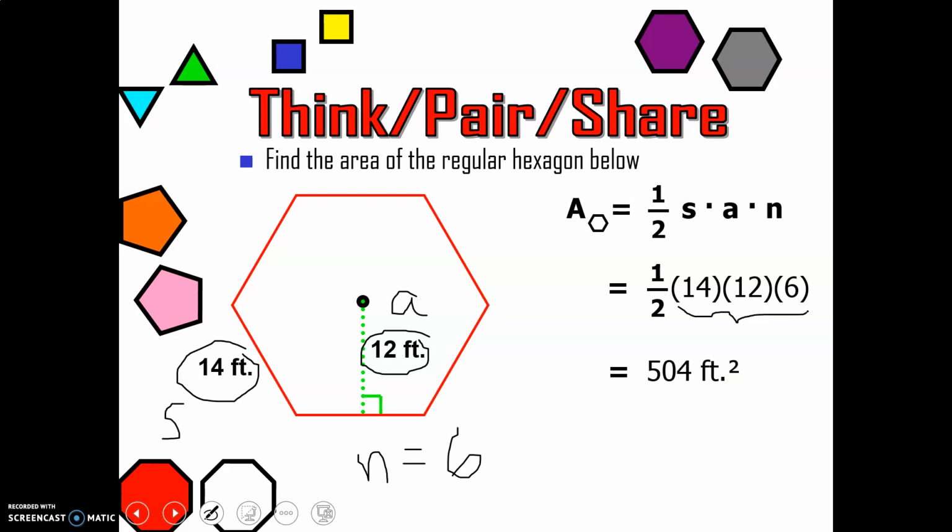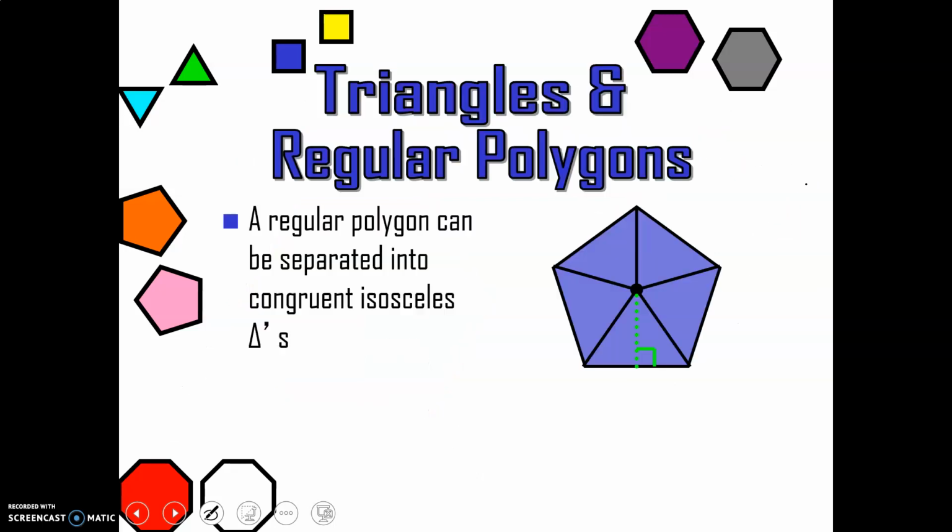All right, now before I let you go, just a little bit about where this formula comes from. It involves the fact that every regular polygon, so let me go back one slide here, every regular polygon can actually be separated into congruent isosceles triangles. So if you think of this problem, this one in particular, as a lot of different bases times heights.